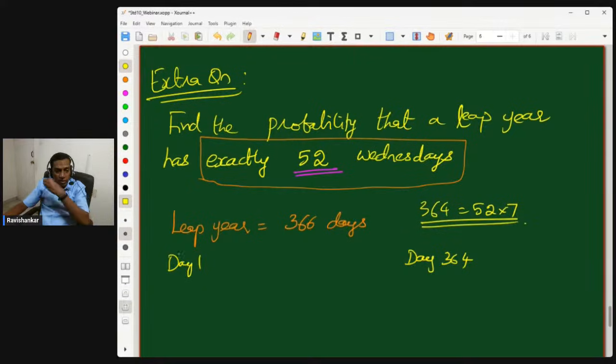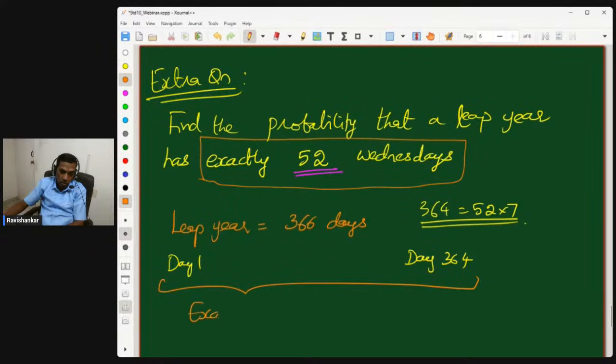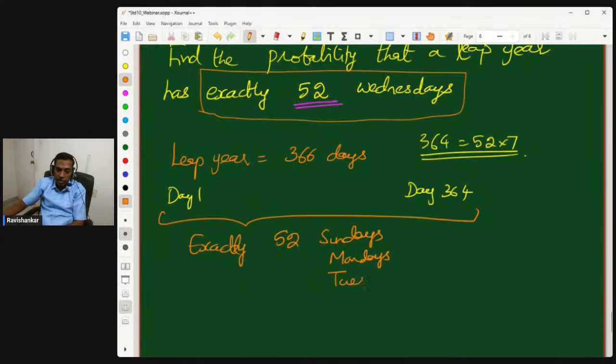So whatever your first day is, from day 1 to day 364, exactly 52 Sundays, 52 Mondays, 52 Tuesdays, 52 Wednesdays, because 364 is divisible by 7. No matter what the first day is, there will be exactly 52.